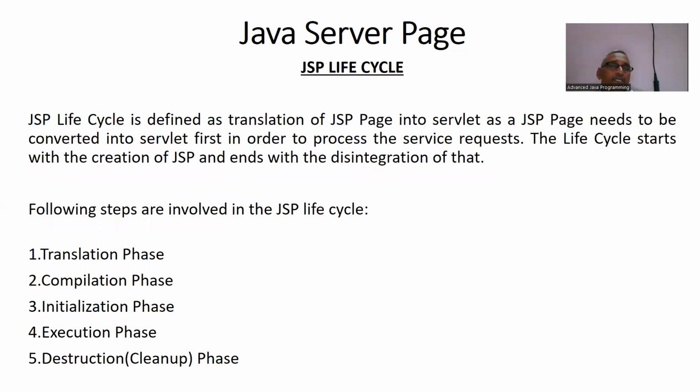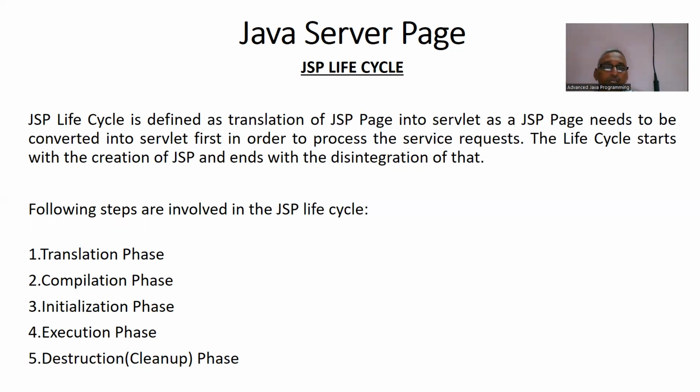Next, JSP life cycle. The JSP lifecycle defines the translation of a JSP page into a servlet, as a JSP page needs to be converted into a servlet first in order to process the service request.